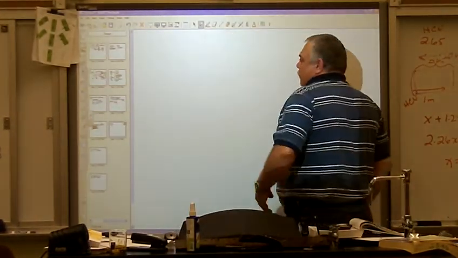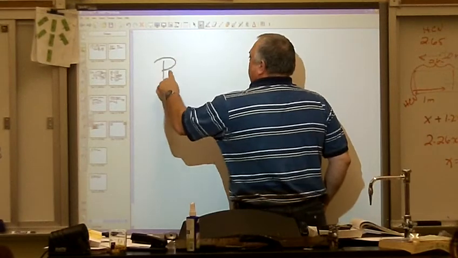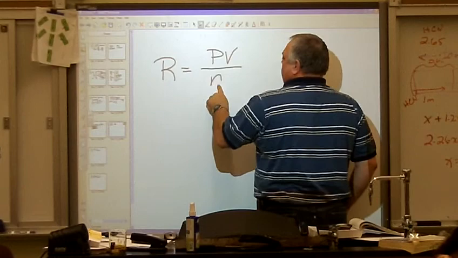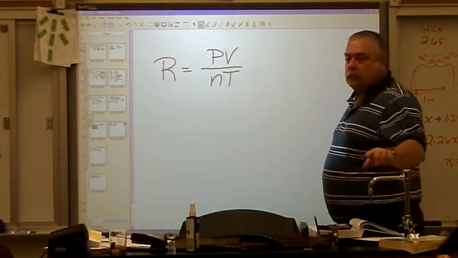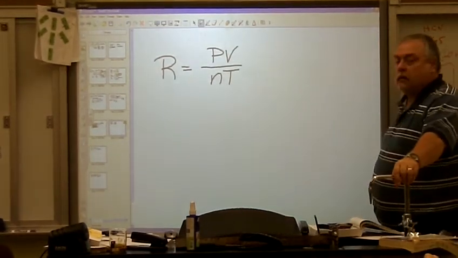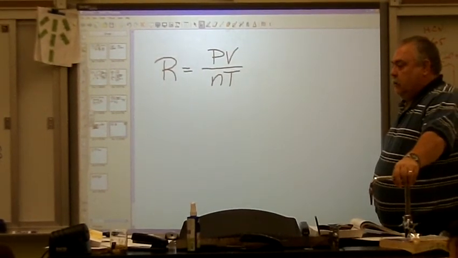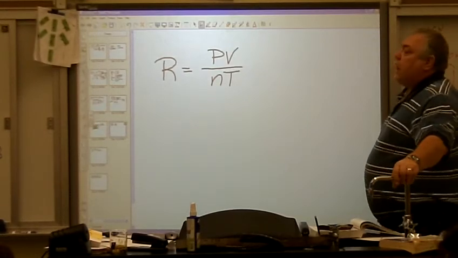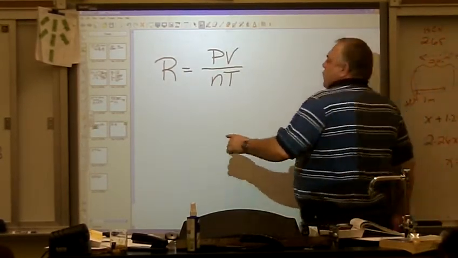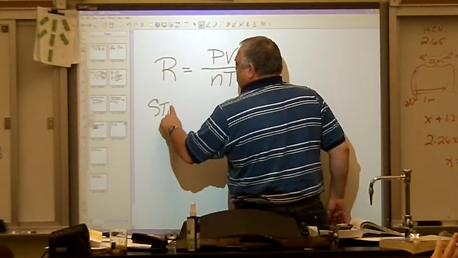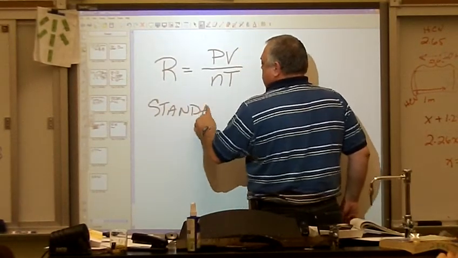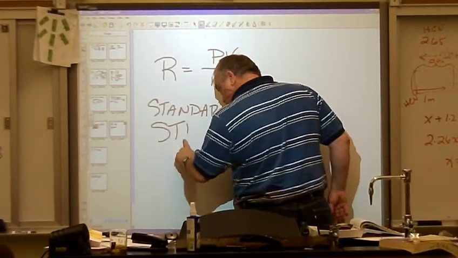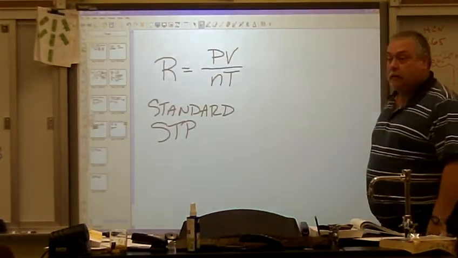How do you solve for R? Well, in this case you're going to find that R is equal to PV over nT. Now, what I want to know is this. Can you tell me some standard conditions, like STP?